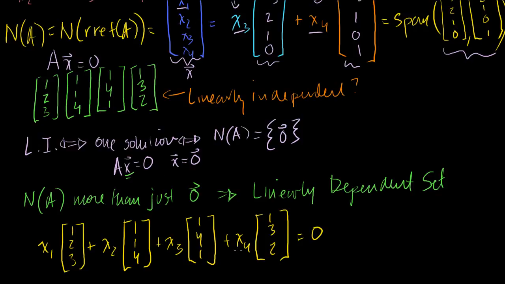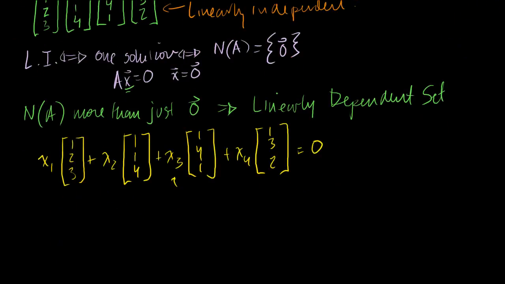Now, I can solve for the vectors that are associated with my free variables using the other vectors. Let me see if I can do that, and you'll see it's actually pretty straightforward.